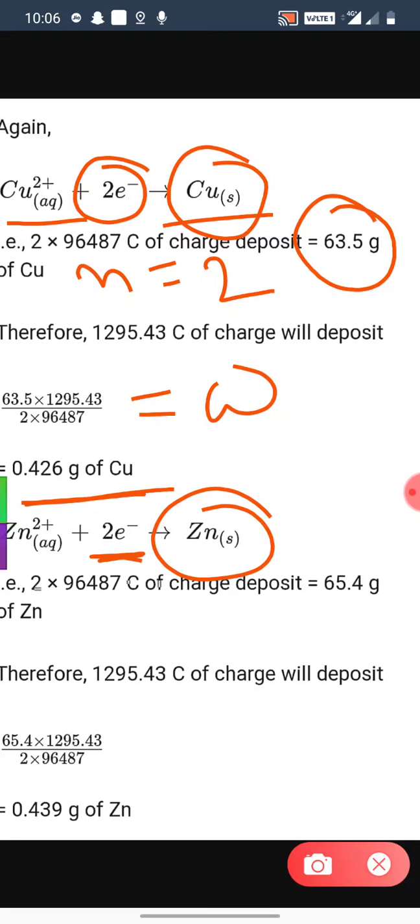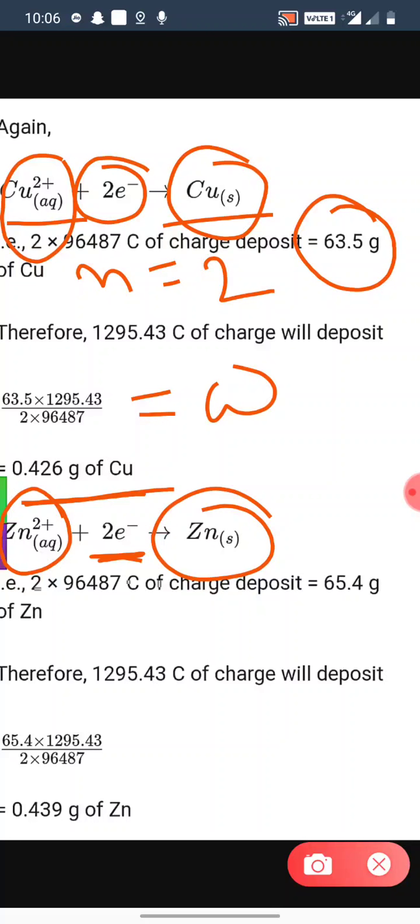Similarly, in the case of zinc, zinc is gaining 2 moles of electrons to get converted into Zn. The zinc is present in the form of ZnSO4. Obviously, the oxidation state of zinc is Zn2+, which is constant. Zinc is always present as Zn2+, whereas copper can vary because it exhibits two valencies, Cu2+ and Cu+. So for this, you need to find the oxidation state with the help of the molecular formula of the compound provided.